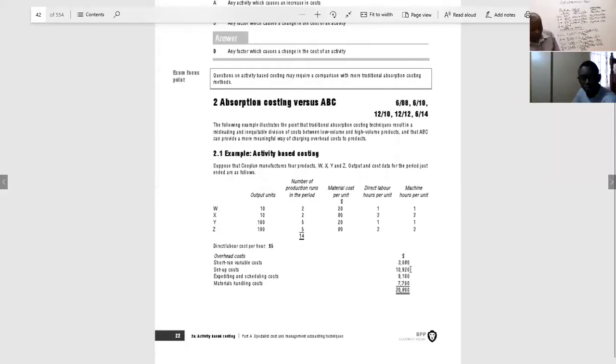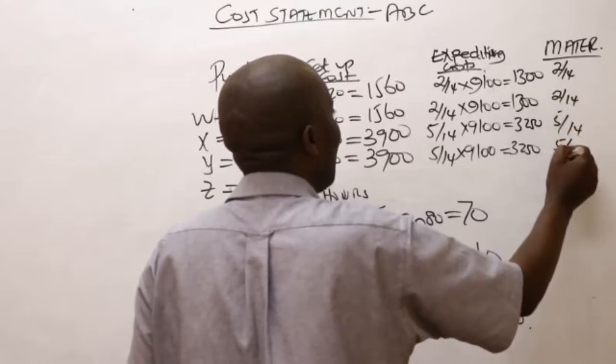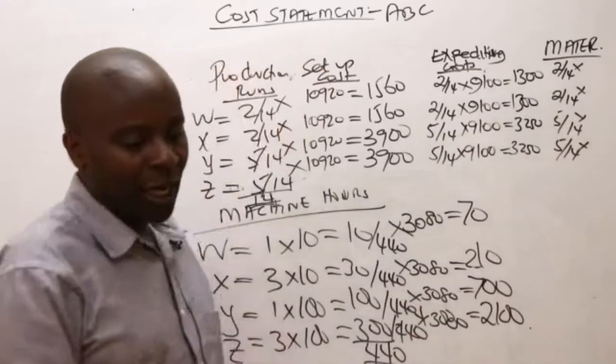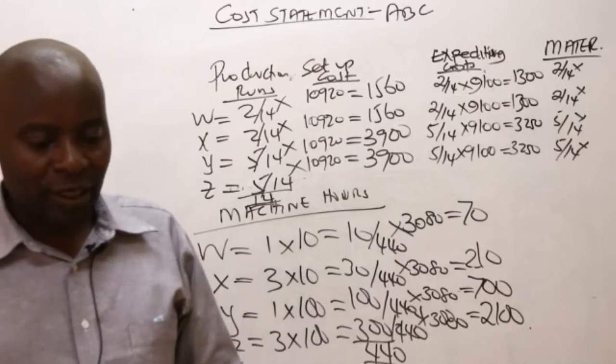The last cost is called material handling. We are also using the same cost driver, so we have 2 over 14, 2 over 14, 5 over 14, 5 over 14, times the material handling cost. What figure are we able to see there?